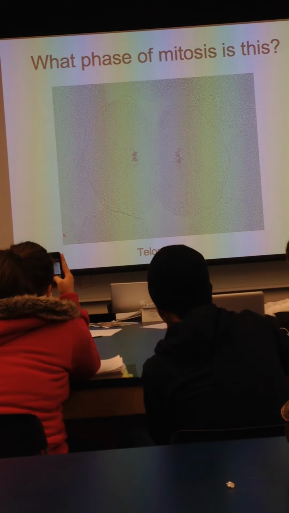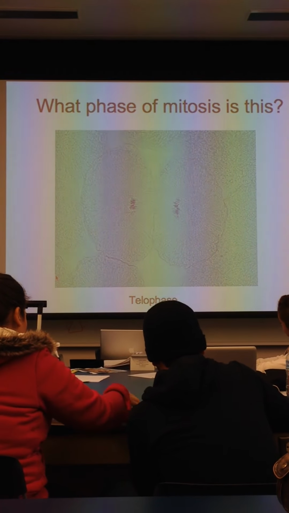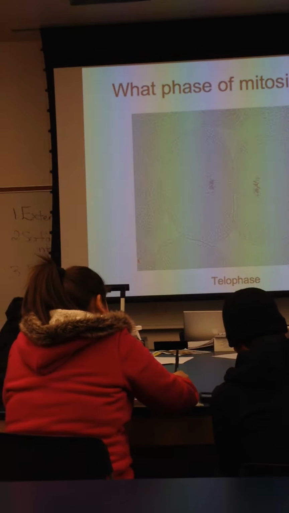It's the furrow. Yeah, you can see the two separate cells. They aren't completely split, right? You can see the genetic material. Okay? This tells you that this is telophase, however you want to pronounce it.